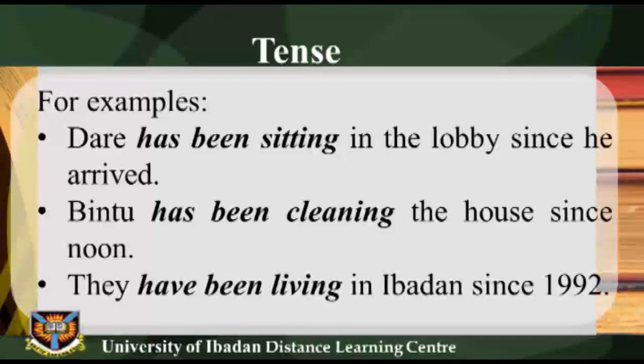A. Dare has been sitting in the lobby since he arrived. B. Bintu has been cleaning the house since noon. C. The members of the church choir have been waiting for the choir master since 5 p.m. D. They have been living in Ibadan since 1992.